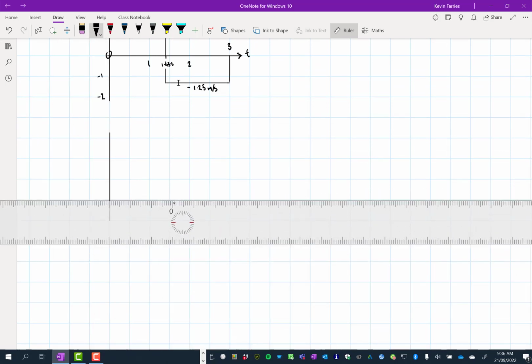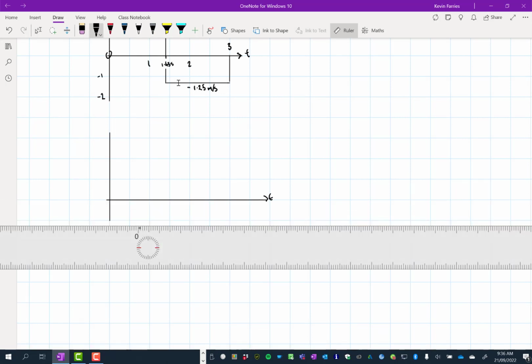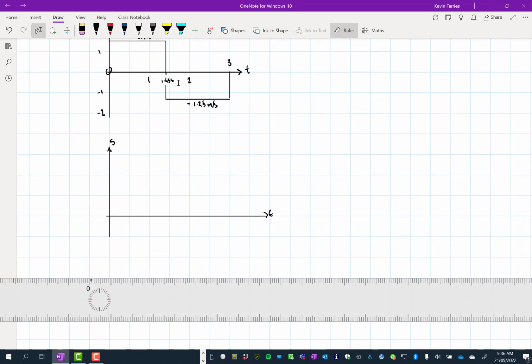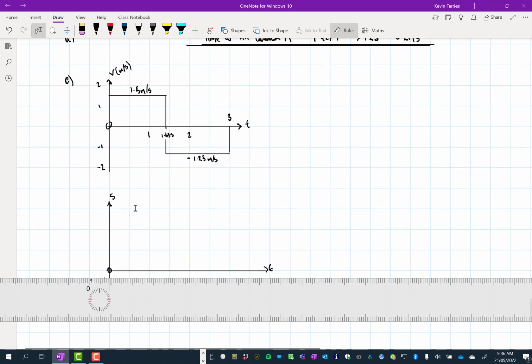Time is just the same as it was last time. And this time we're talking about displacement here. Now, there's a bit of a trick, which is exactly the same trick as going from a line load to shear force, or from shear force to bending moment. And that is the area under the velocity time graph is going to be the displacement. So the area between any 2 points, allowing for positives and negatives, on the velocity time graph is going to be equal to the displacement at that point.